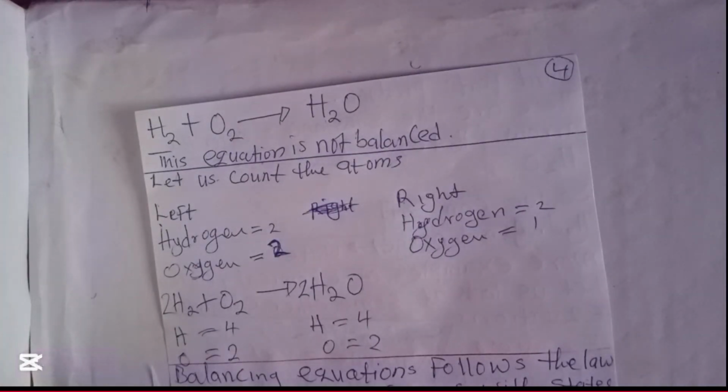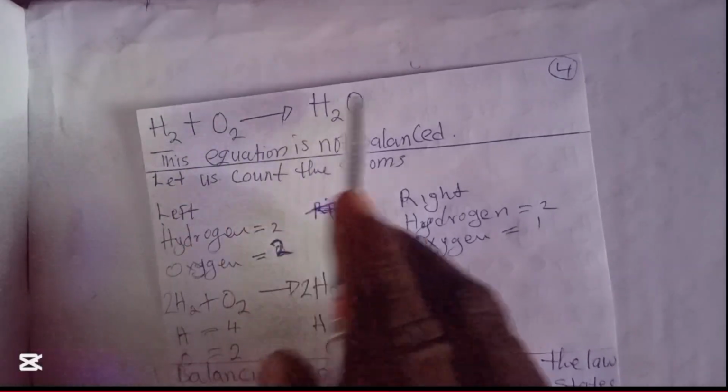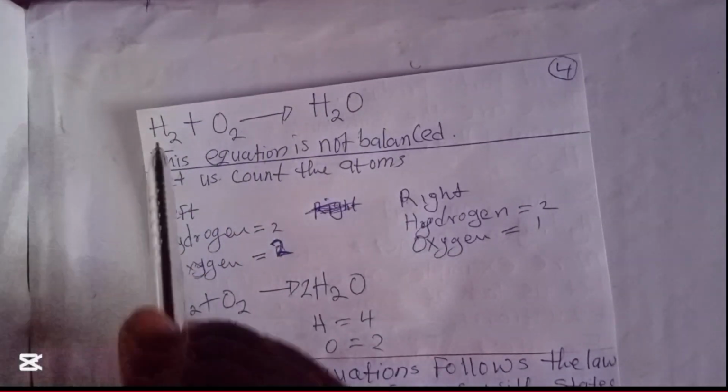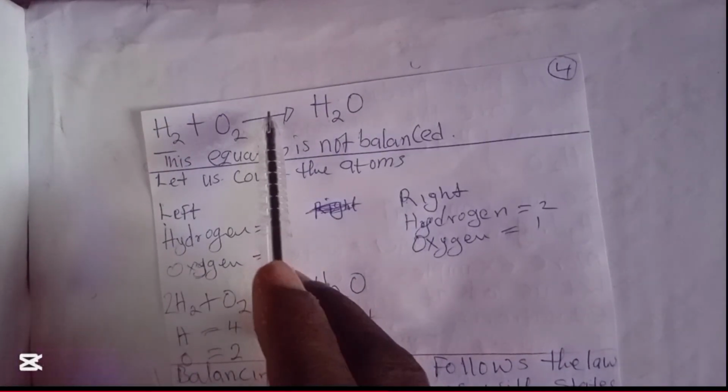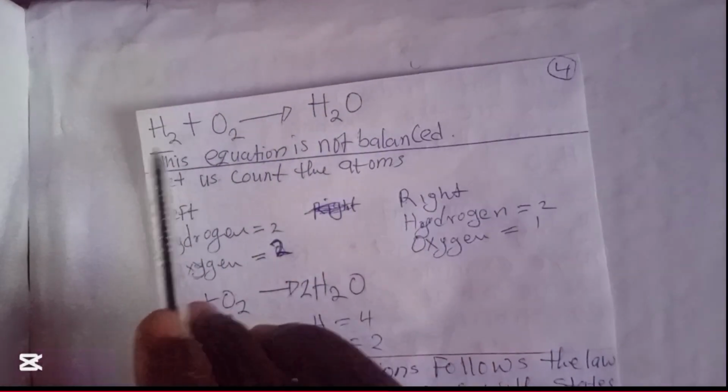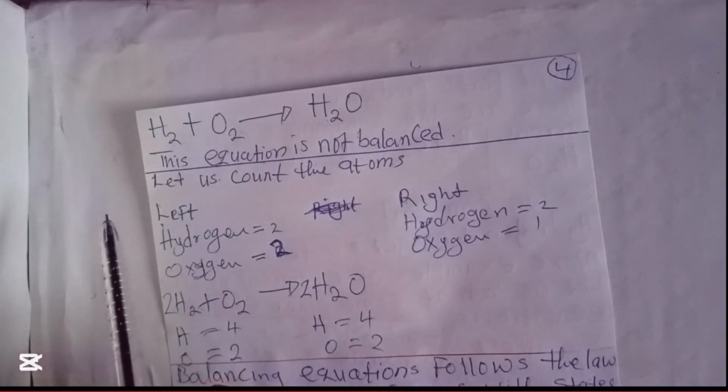Now, this equation is not balanced. Let us count the atoms. This is our left hand side and this is our right hand side, because this arrow separates them into two places.